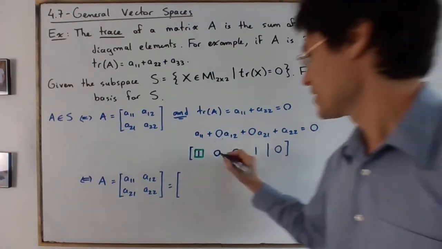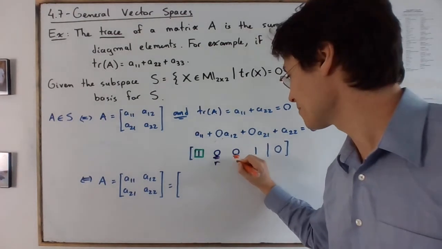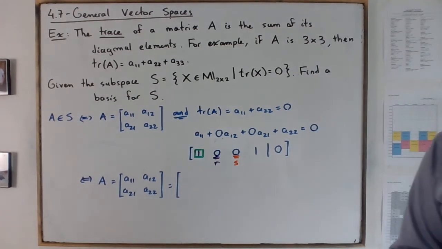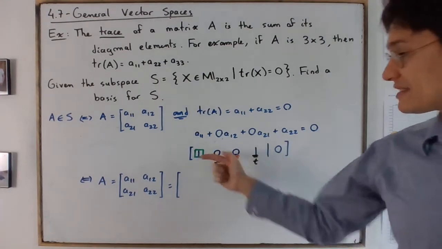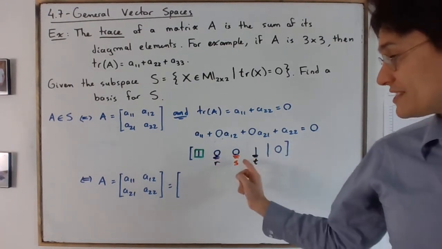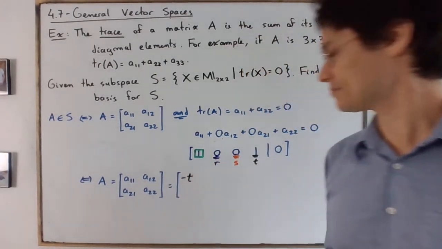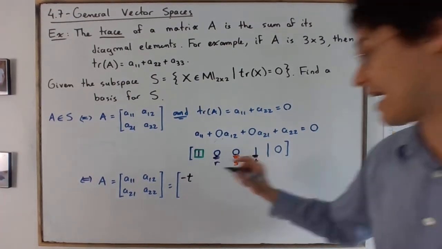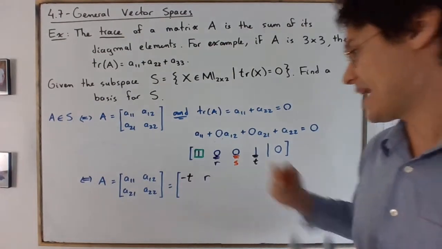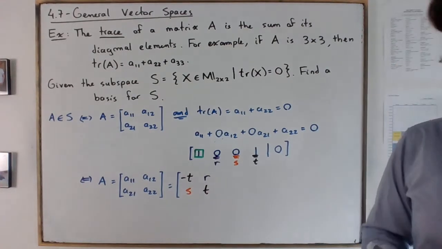Let's color code them: R, S, and T. When we read a basic variable, we read the row. We have 0R, 0S, and negative T. And then the rest are all free variables, so you have R, S, and T.